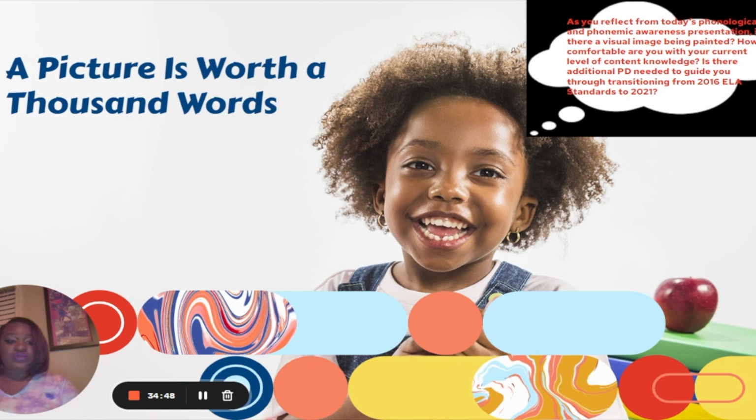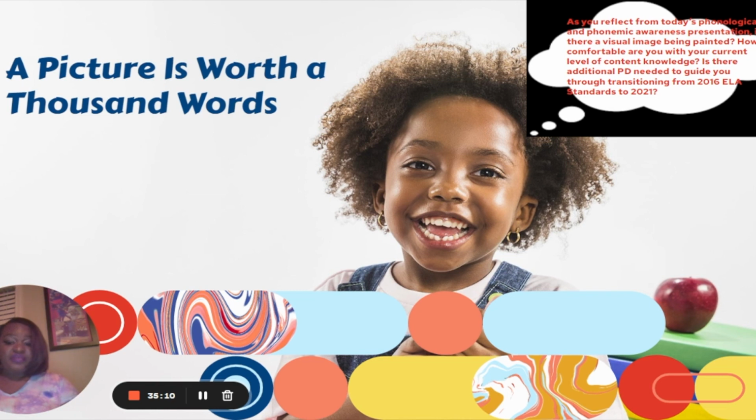How comfortable are you with the current level of content knowledge? Is there additional professional development needed to guide you through transitioning from the 2016 ELA standards to the 2021 ELA standards?